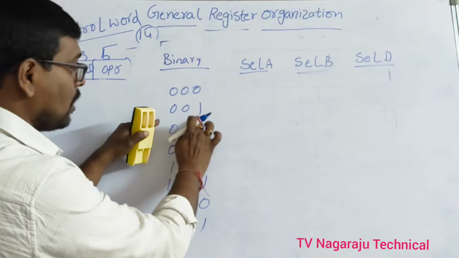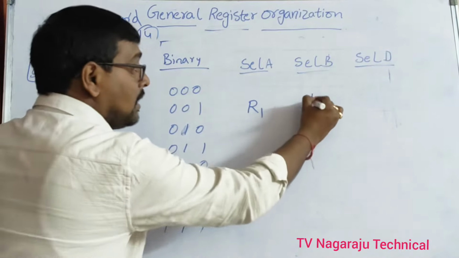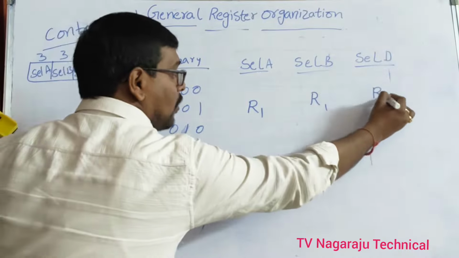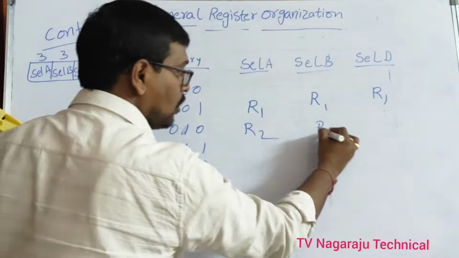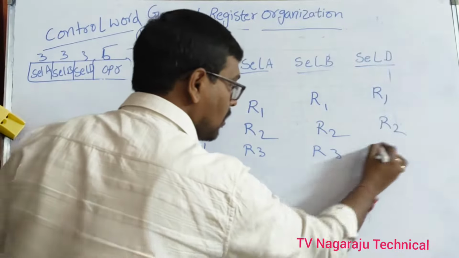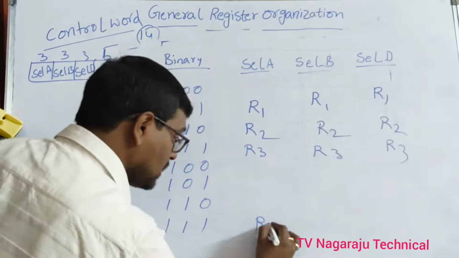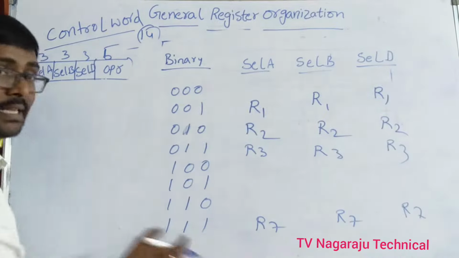First I will do 001, that means R1. Suppose 010 means R2. This is R3, and so on. This is R7. I think you got it. So which register is selected?